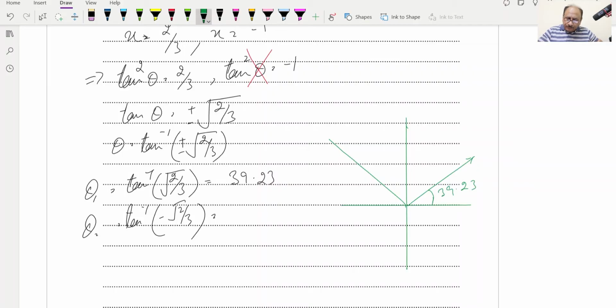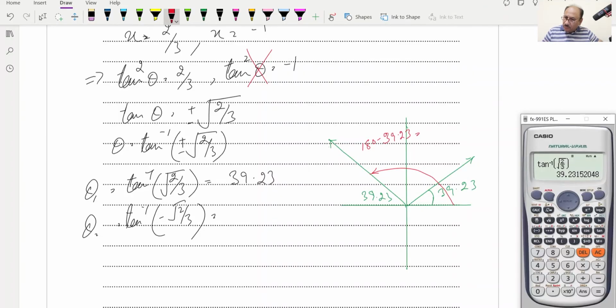This will be from here 39.23 up to 180, we have to check. So this angle we can take, and this angle will be 180 minus 39.23, and this will be equal to 180 minus the answer, which is 140.76, or we can write 140.8.